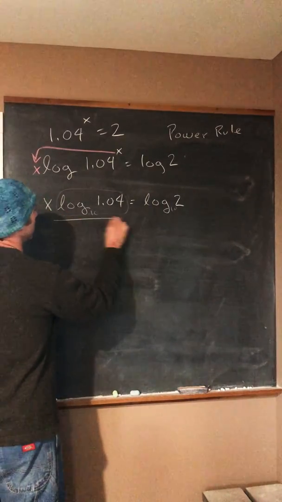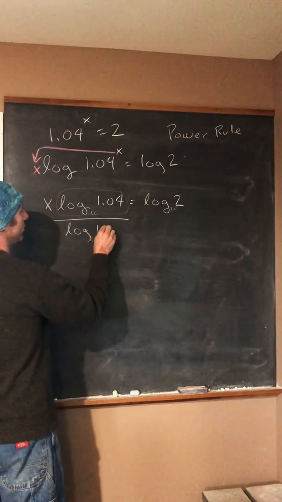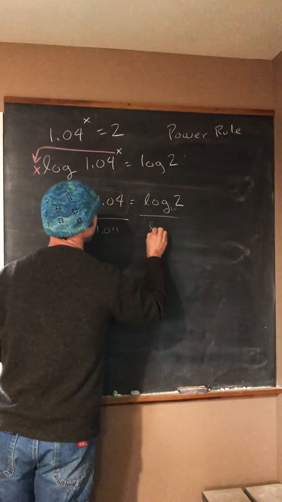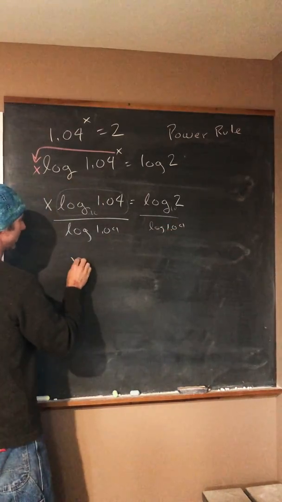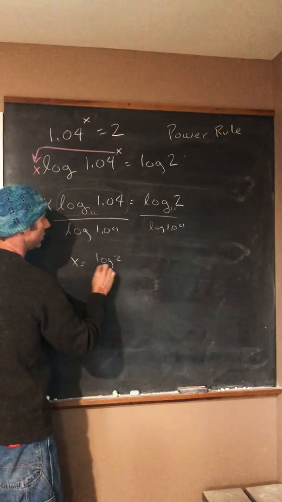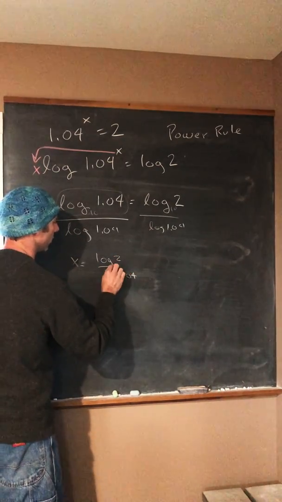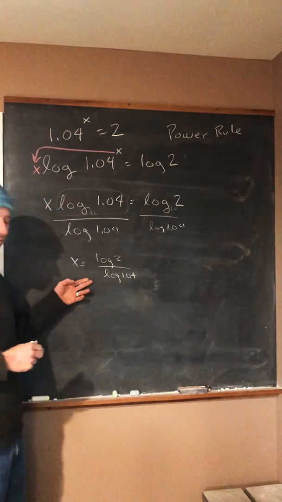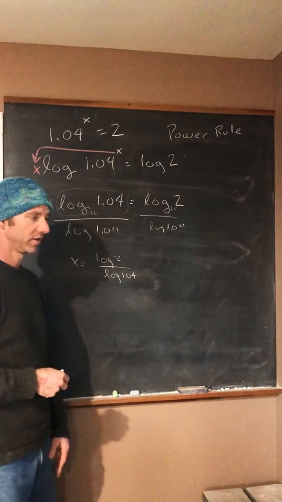So, divide this out by log 1.04, and you get x equals log 2 over log 1.04. Punch that into your calculator, you get an answer.